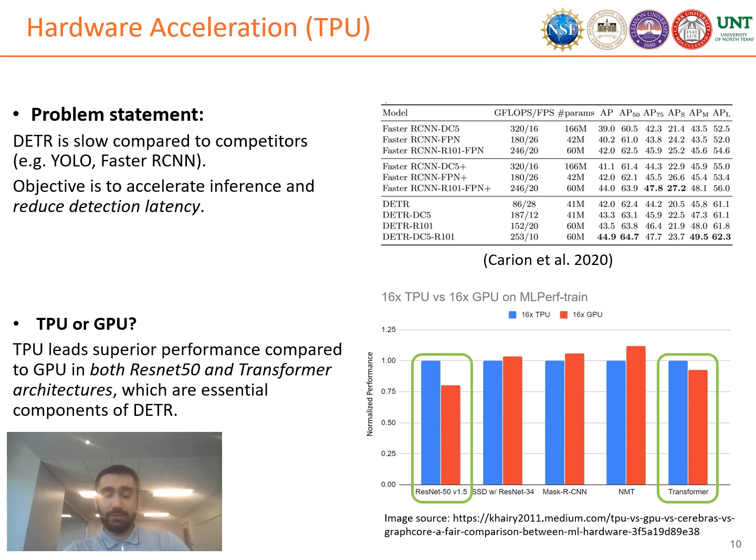As we could see in a table that the original authors compared, despite the higher accuracy and smaller parameters, the training and inference time of the DETR model is still higher than Faster R-CNN. Therefore, our objective is to accelerate the inference and reduce the detection latency.